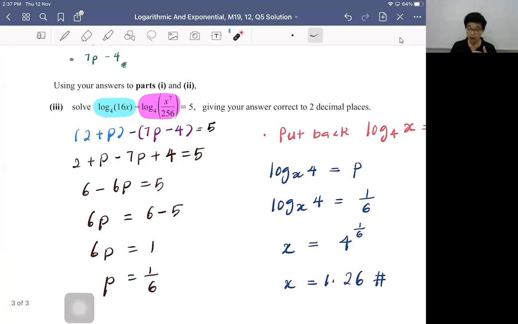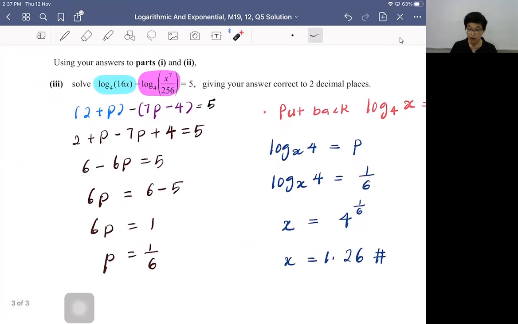Then from here, in a simple solving of a linear equation, you get 2 plus 4, which is positive 6, plus p minus 7p, that's how you get negative 6p equals 5.